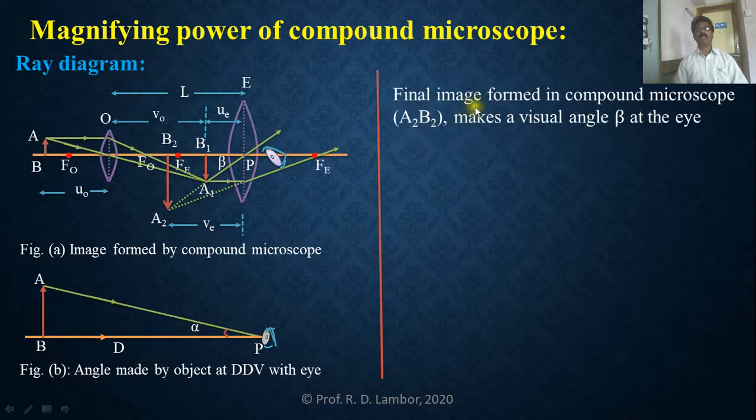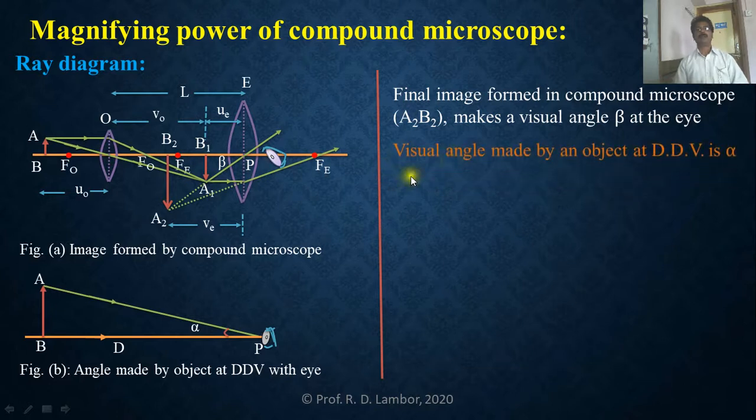So, the final image formed in compound microscope A2B2, as shown in this ray diagram, makes a visual angle beta at the eye. You can see here. So, beta is the visual angle subtended by the final image at the eye. Why are we saying at the eye? Because to see this image, we have to keep our eye very close to the eyepiece. That's why beta is the angle made by the eyepiece.